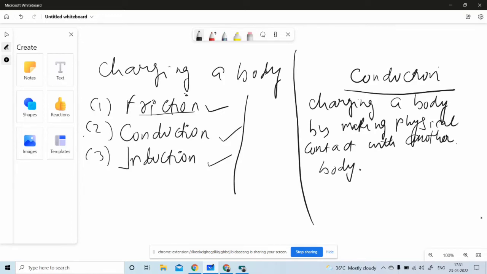Physically make contact with another body and charge the body, then that method is known as charging by conduction. Let's take a look at this method, to see how to charge a body with the help of conduction. Okay.